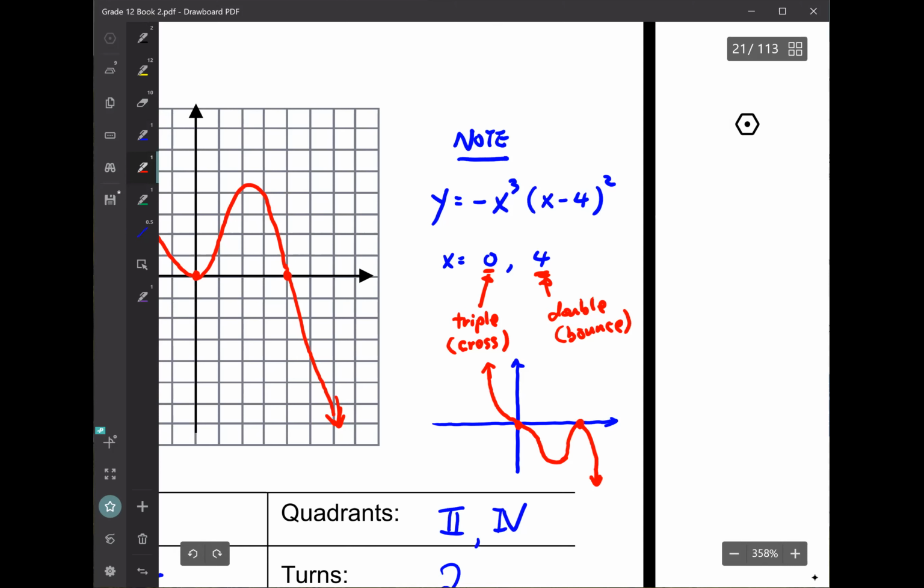Watch out how I go through the 0. Because it's triple, it doesn't go straight through. It has to make a little turn, kind of curve around, and then go through it. And then bounce at 4.